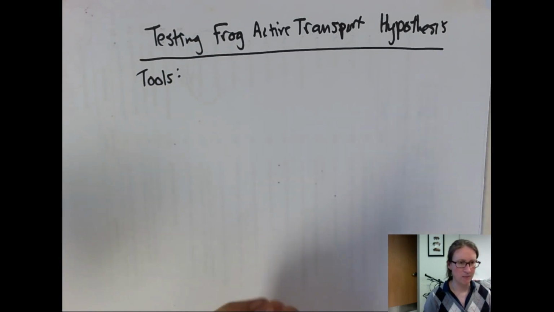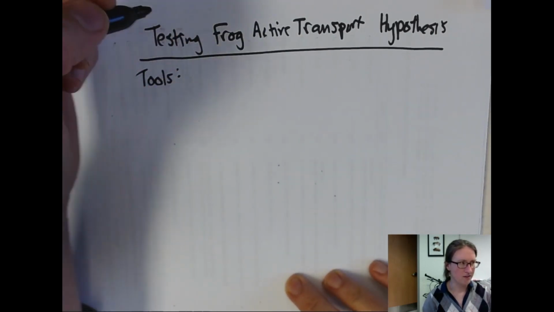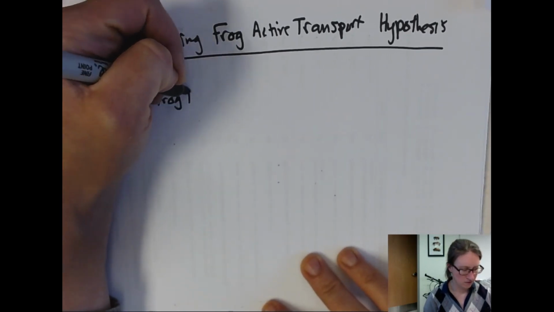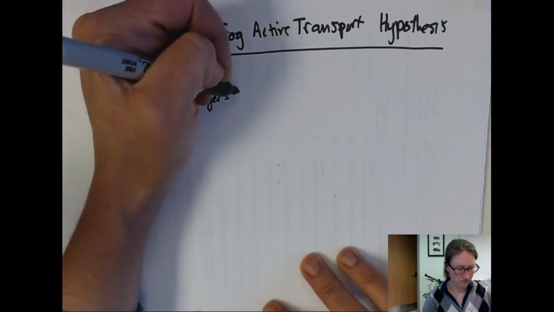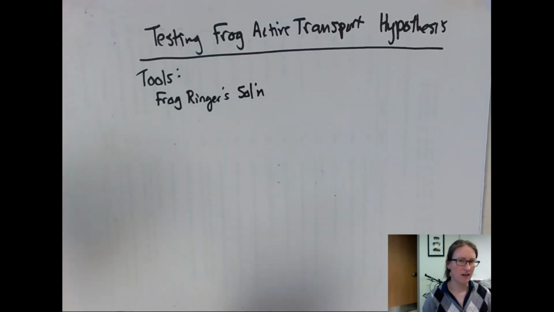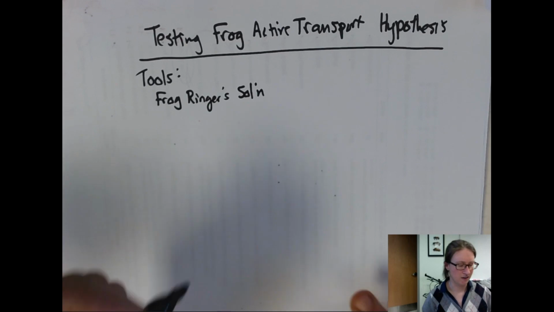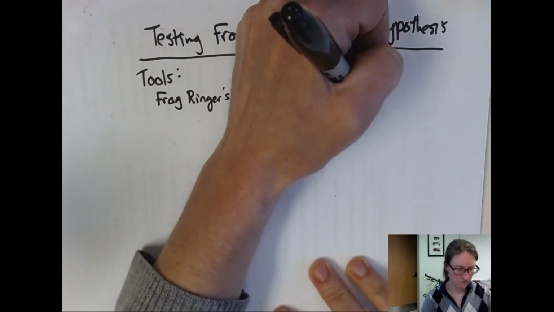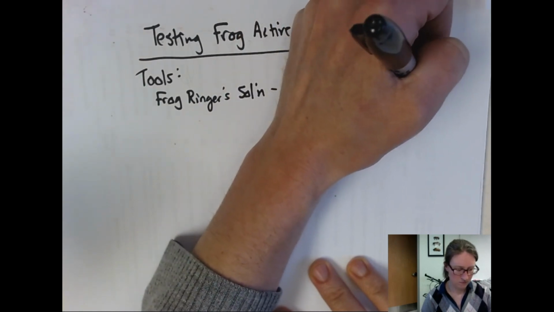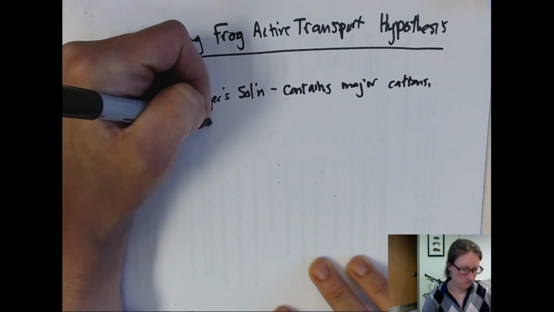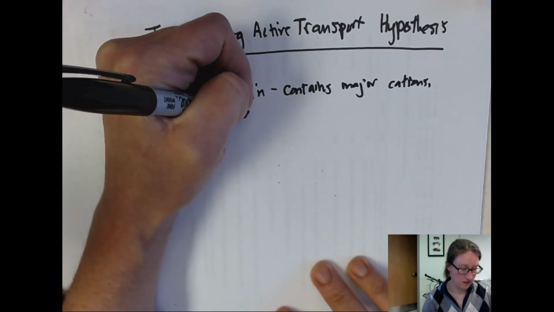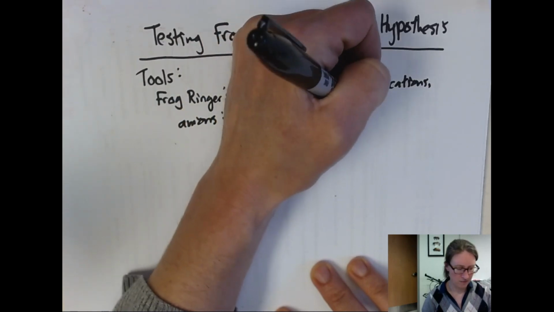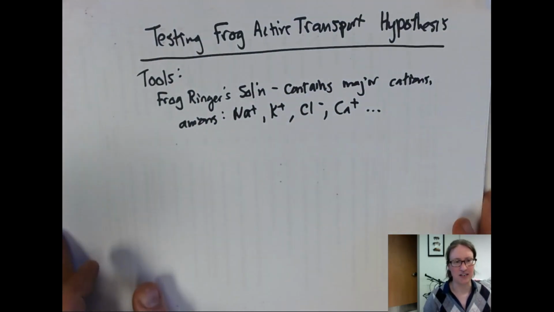Typically, we're going to set up our chamber with a salt solution called Frog Ringer solution. And this has major types of cations and anions in it. So, you know, this is going to contain sodium, potassium, chloride, calcium, and a handful of other ingredients.